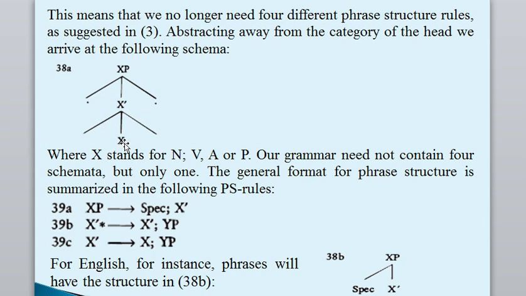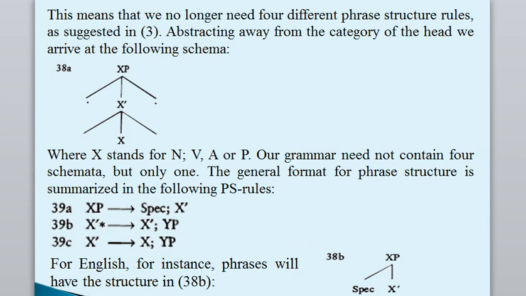Our grammar need not contain four schemata like the previous slide, but only one. The general format for phrase structure is summarized in the following XP rules. XP consists of a specifier and X1 bar, then X1 bar consists of X1 bar and YP, and at last XP consists of the head X and the complement YP.